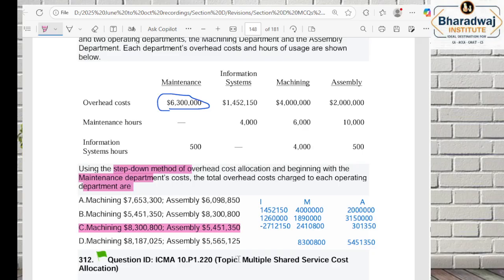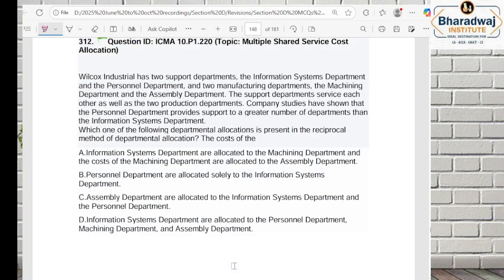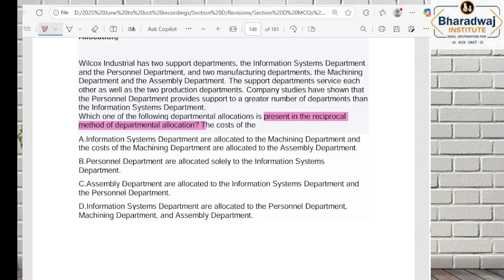Yes, please. 312. Which one is present in reciprocal services? Read the story, then let us see.